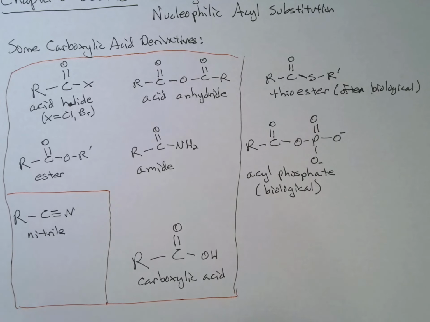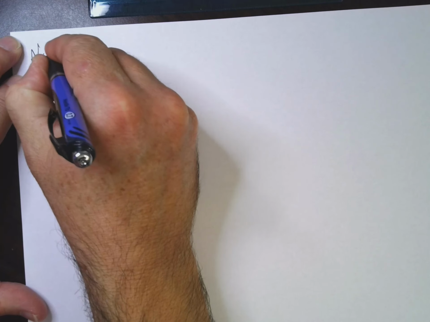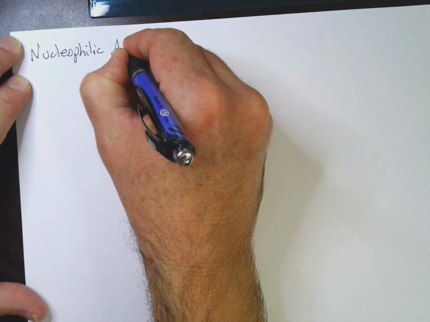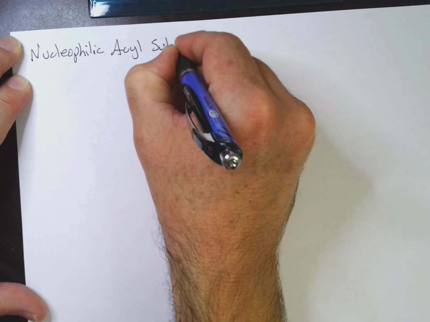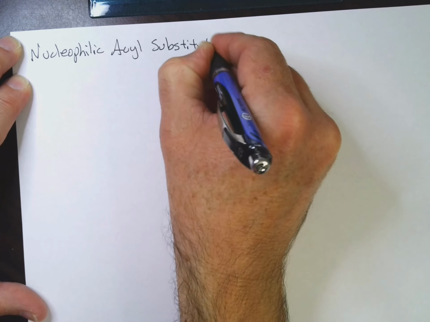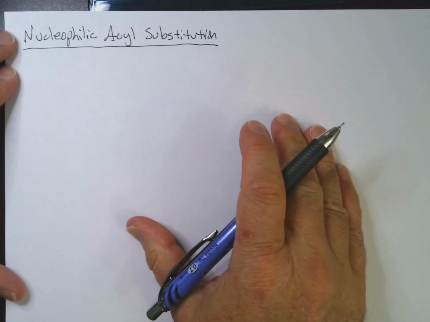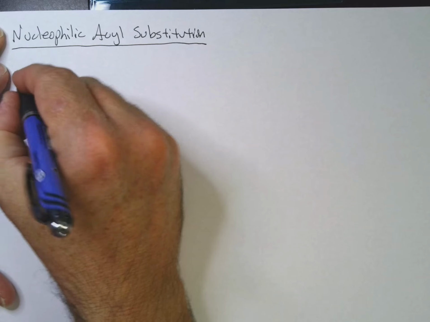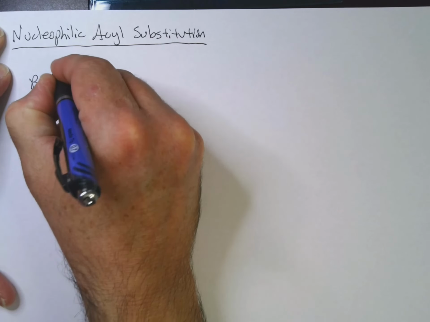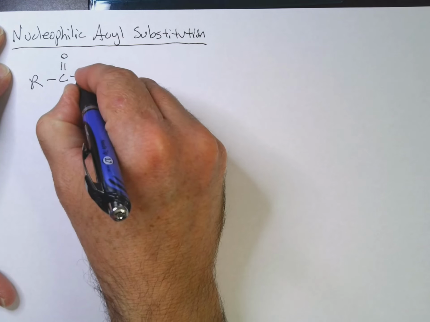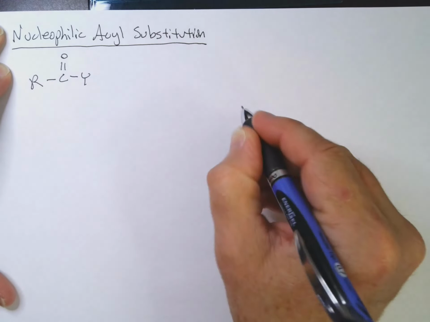So just a little review, let's look at nucleophilic acyl substitution. Okay, we have some kind of carboxylic acid or carboxylic acid derivative. And so I'm going to put a Y there.